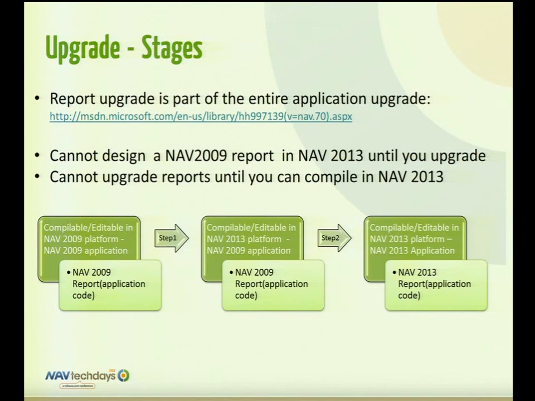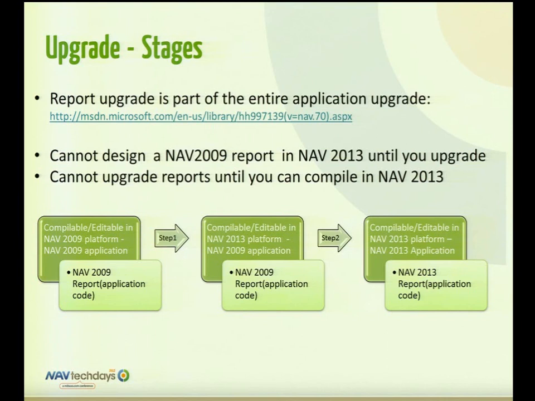You have a NAV 2009 report to begin with, compiling in a NAV 2009 platform, with NAV 2009 application objects around it. The first step is to move this into a NAV 2013 platform, but with NAV 2009 objects in it. The objects should not be NAV 2013 objects, and the report will also have application code pertaining to NAV 2009.